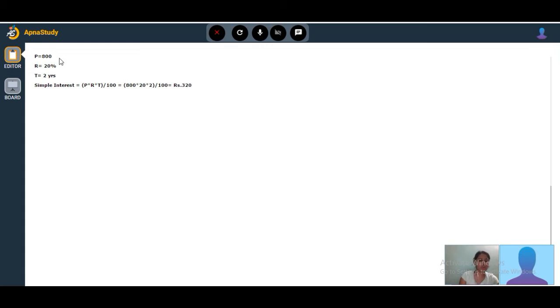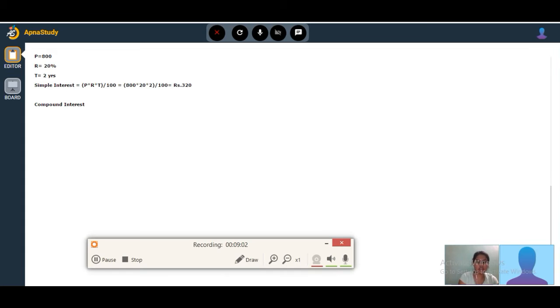Now let us go to the concept of compound interest. What basically happens in compound interest is, for the first year, the principal will be 800. We'll use the same formula as for simple interest over here, and we'll see how the answer varies.